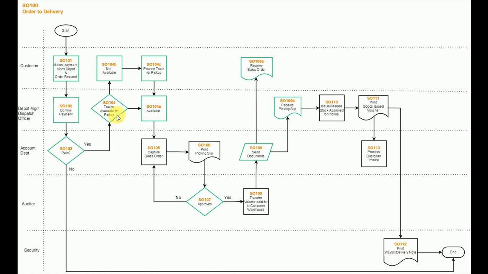Now, let's look at when the customer has made payment. If the customer has made payment, the account department would have to get the details of the truck, maybe the truck rider, the truck driver, the plate number, or any code associated to the truck.